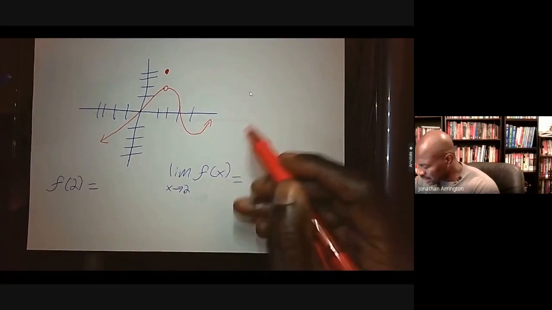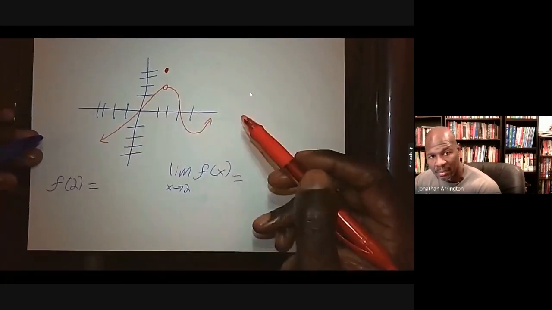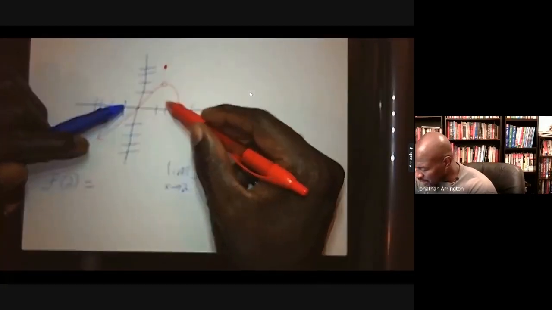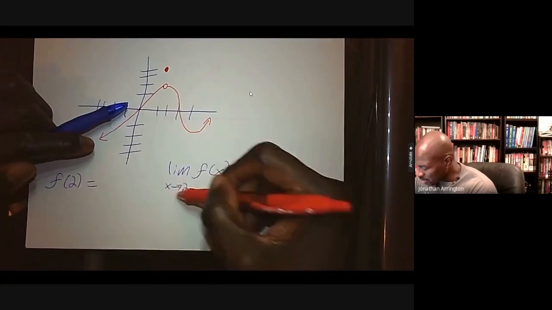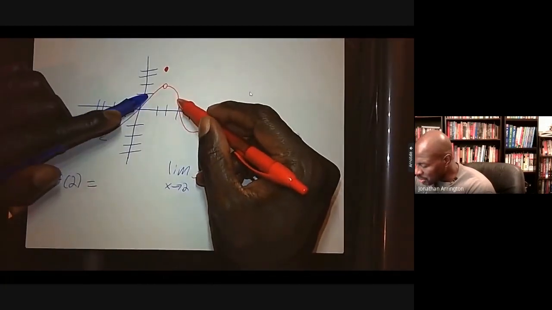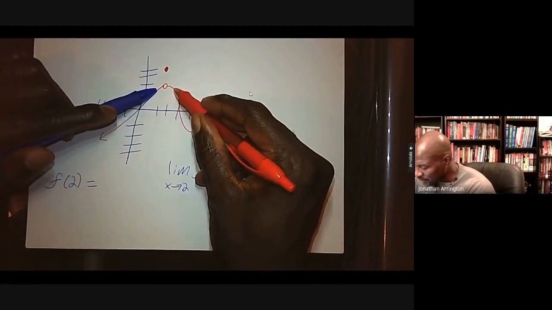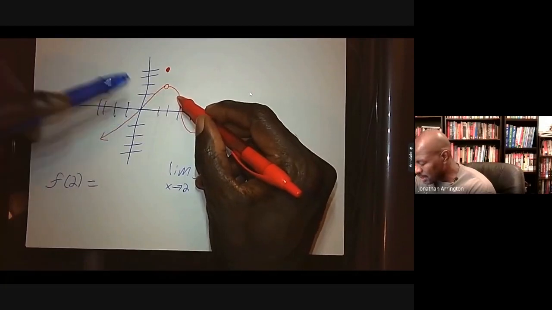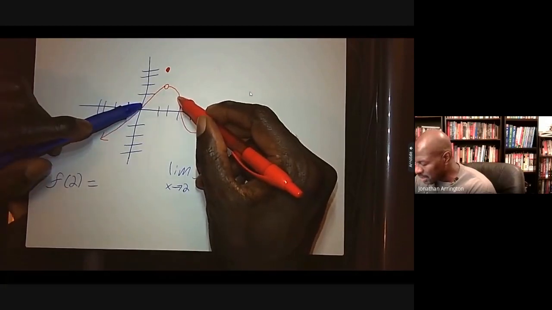So in essence, I want to find the limit of f of x. This is the graph of f of x in red. Basically, you look for the limit as x approaches 2. So this is 2 right here. You approach 2 from the left and the right. This red pen is coming from the right. This blue pen is coming from the left.